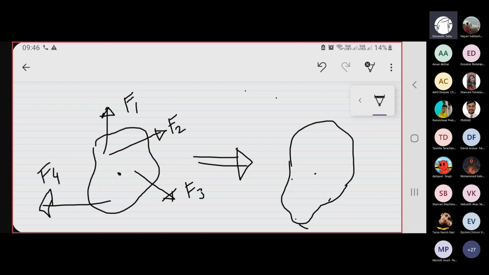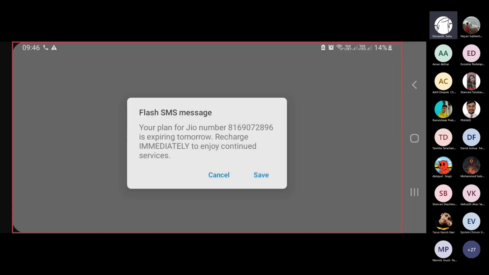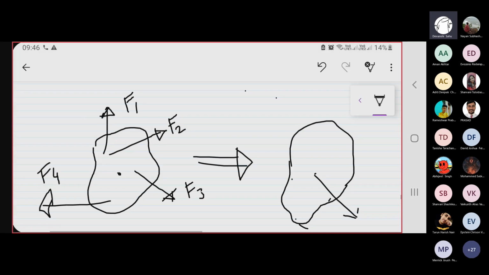So this is the point. Now it has become a concurrent system. The only thing is that one moment will come.